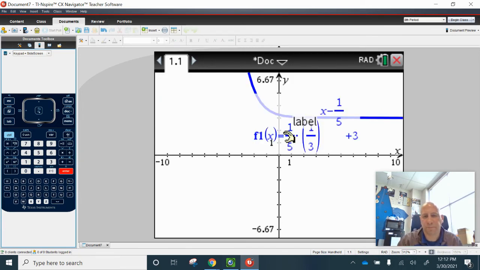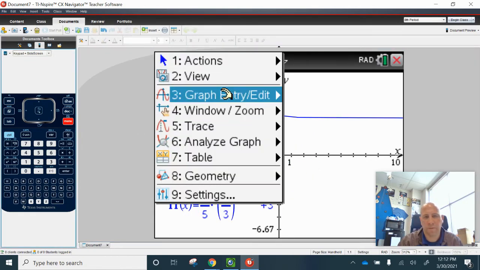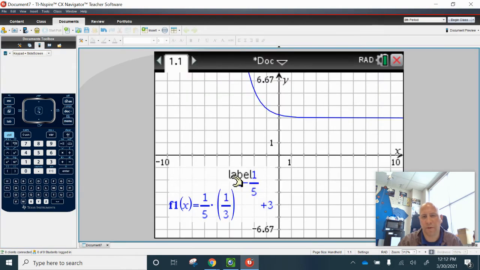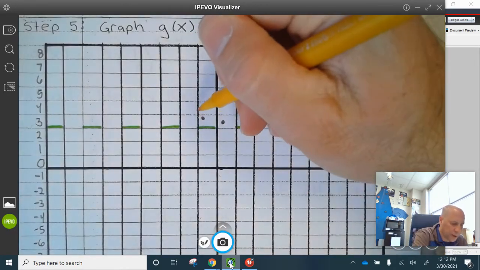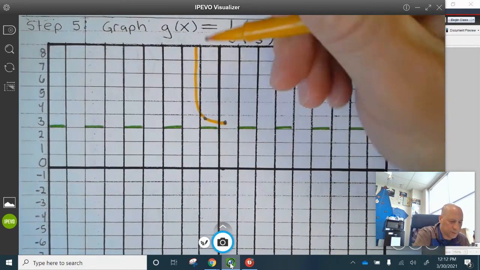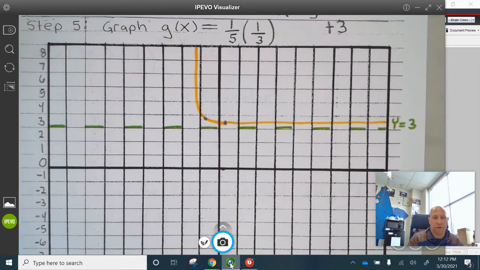All right. I'm going to move that over. Menu, View, Grid, Line Grid. You can see that it doesn't cross the y equals 3, and it's coming over starting at negative 1, negative 2. Just a little past negative 2, it's coming down and going over. So you can see that it's a little past negative 2. So it's coming down here through those points. And there's your graph. Okay.